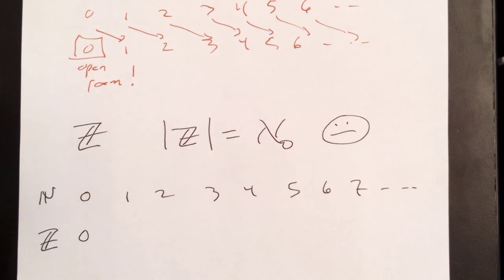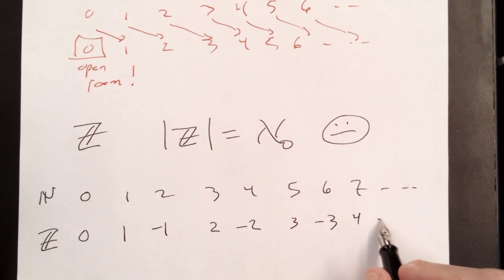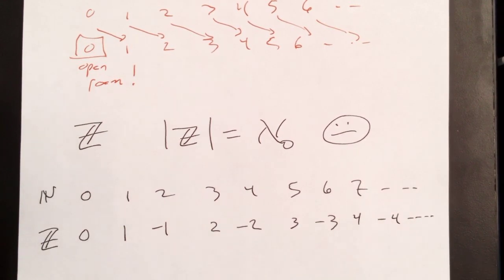Positive or negative? So to count the integers, I go 0, 1, -1, 2, -2, 3, -3, 4, negative. And that's the first one, the second one, the third one, the fourth one, the fifth one. I put them in order. I count them. That's countably infinite.